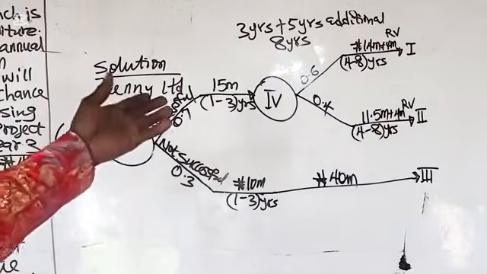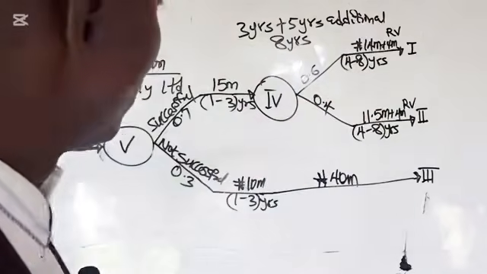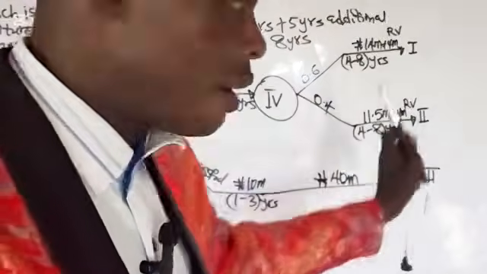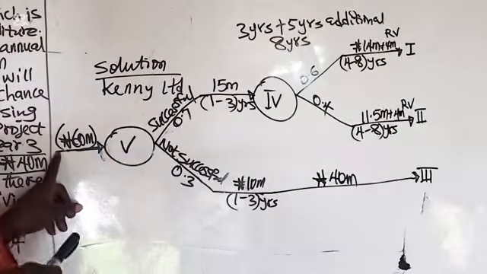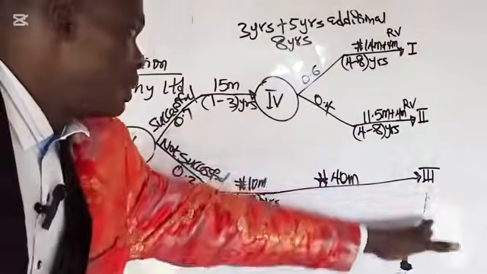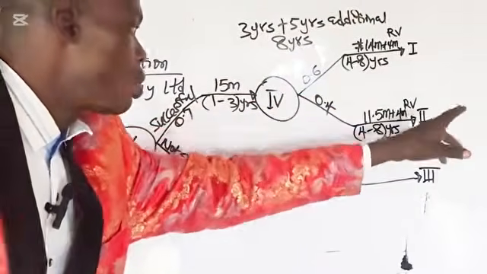Then the next step is to determine the terminal value. Remember, to determine the terminal value, we normally take a forward pass. Don't forget, I've told you that you should always start from the point of origin. This is the point of origin. You travel to each of the ending points. The terminal value means the value at point 1, 2, and 3.